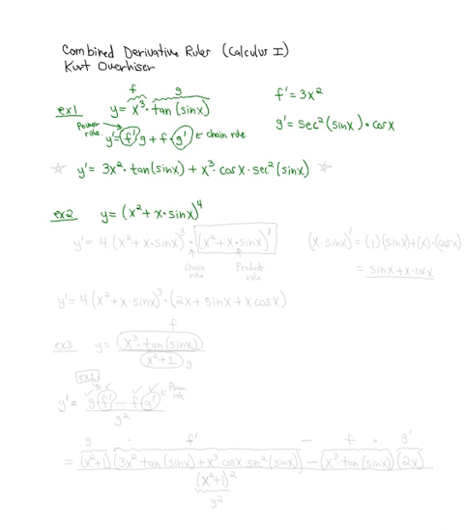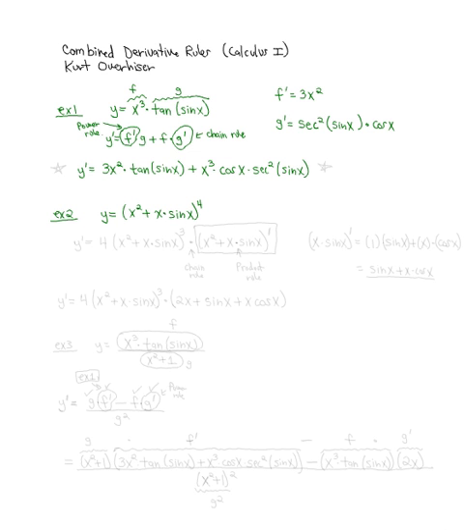Okay, we're going to use the power rule here again because of the x squared term in the middle. We're going to actually use the power rule twice because we have an x squared, but then we have this whole parentheses raised to the 4th power. So we're going to have to use the power rule twice, one of which we're going to have to use the chain rule on.